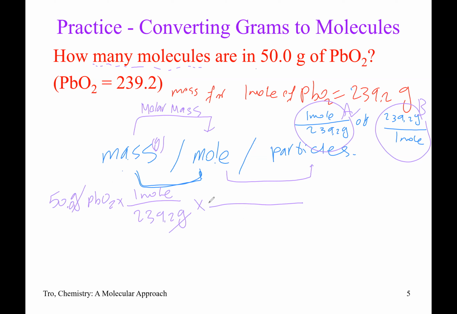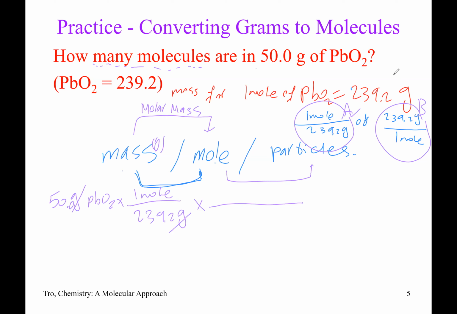So if I have 1 mole of PbO2, then it would be molecules of PbO2. If I have an element, it would be atoms. If I have an ionic compound, it would be formula unit, because the particles are the smallest unit for a molecule. For an ionic compound it is formula unit, for an element it is atom, and for a molecular compound it is molecule.